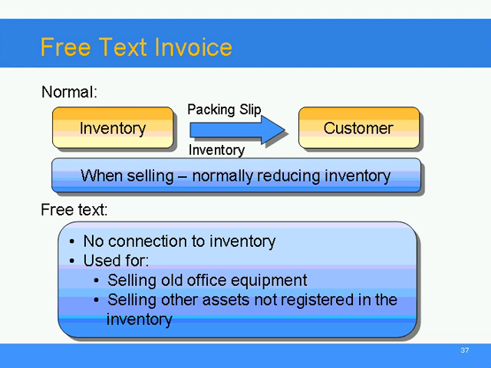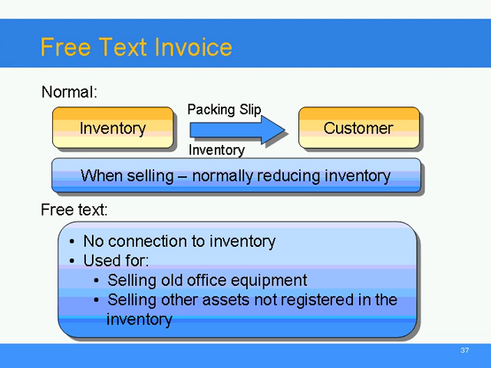Free text invoice. Normally if you create a purchase or sales order invoice, you use inventory and customer or vendor. For example, in a sales order, you create a sales order for a customer and you assign an item.